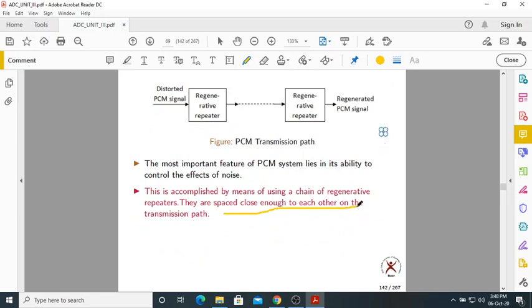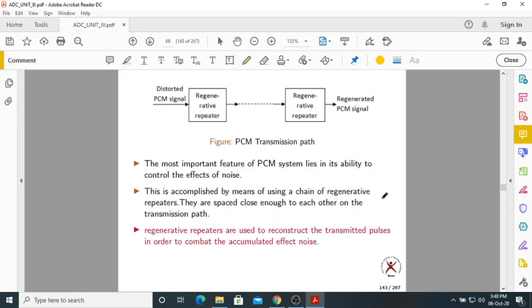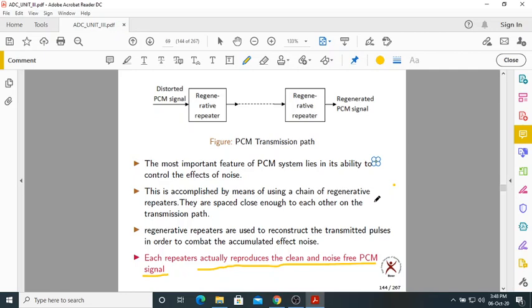They are placed close enough to each other along the transmission path. The main purpose is that they avoid the accumulation of noise. Suppose you are transmitting from point A to point B over some 100 kilometers, for example.